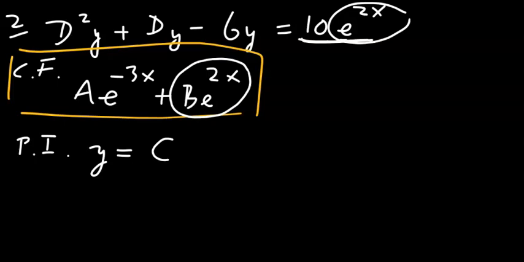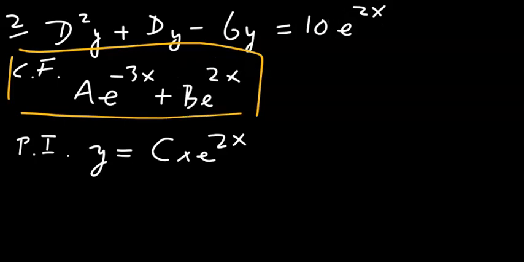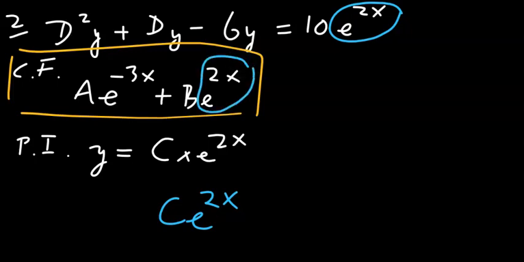An arbitrary constant c times x times e to the power 2x, which is the exponential function that appears on the right-hand side of the original differential equation. Again, we have chosen our assumed particular integral to be c x e to the power 2x instead of c e to the power 2x due to the fact that e to the power 2x is also showing up in the complementary function. So an introduction of x is inevitable in the assumption.